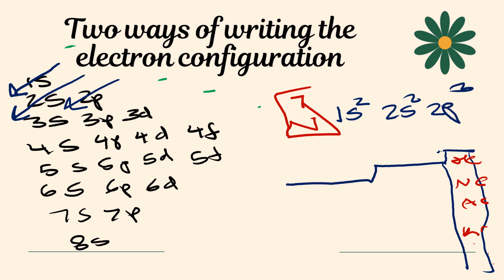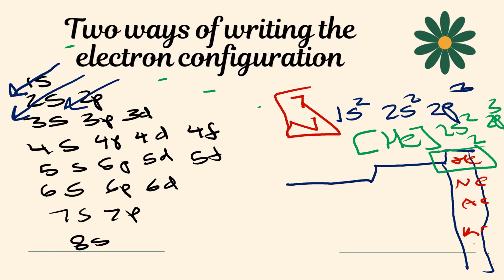The noble gas electron configuration uses one of the noble gases. Let's say for this example, we know helium holds 2, so we're left with 2s2, 2p3.